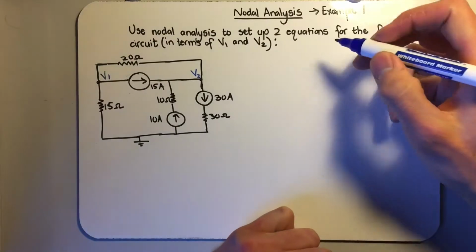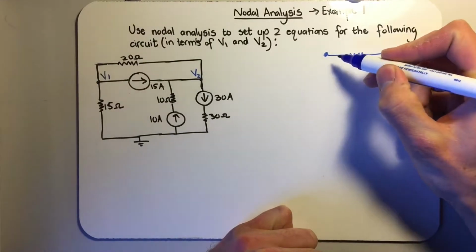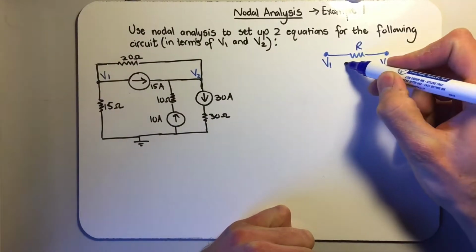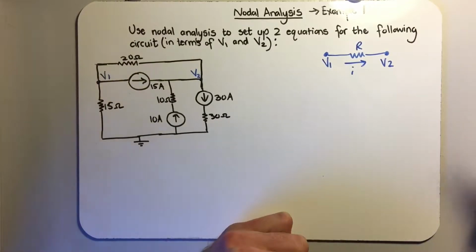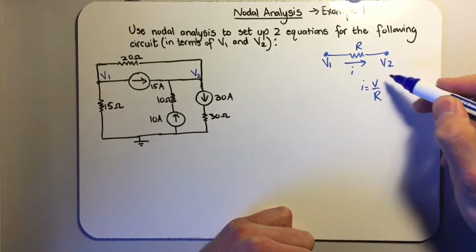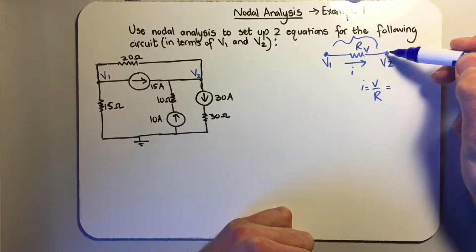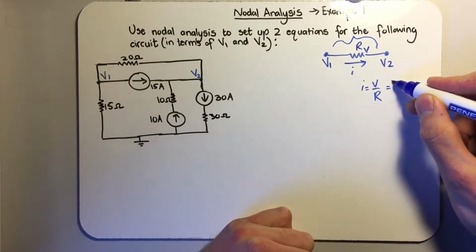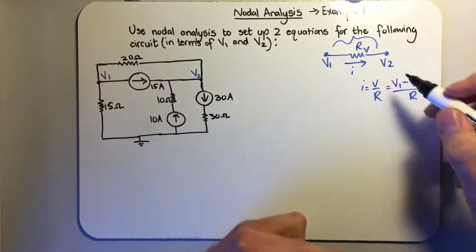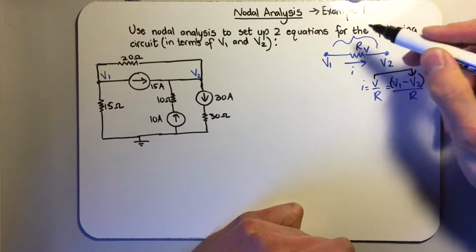Just a side note before I do the nodal analysis: if I have a resistor between 2 points, and this voltage here is V1 and this one is V2, then we can also define a current through this resistor like that, and then we can say this I is equal to V over R. And this V over this resistor is V1 minus V2 over R. So all I'm doing is subbing in V1 minus V2 for V, because V is the voltage over this resistor.